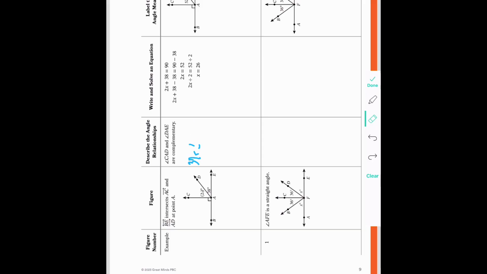Now if we continue looking at the example, we can see that is what they wrote as their equation. They created an equation in order to figure out and solve for the missing angle. In order for us to figure out the missing angle, what we need to figure out is what x is, because x times 2 is what will give us that degree.